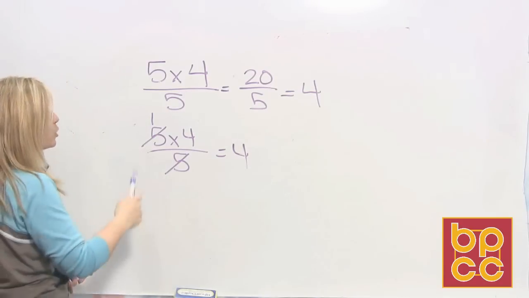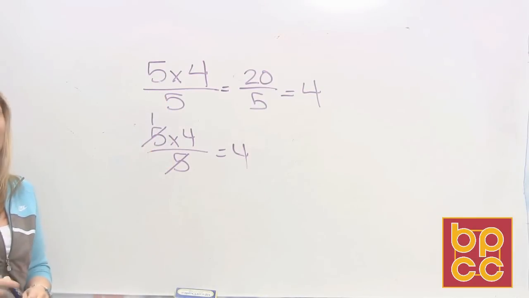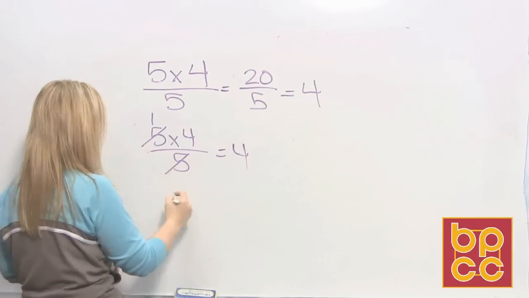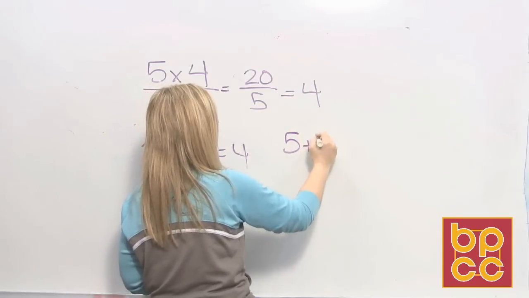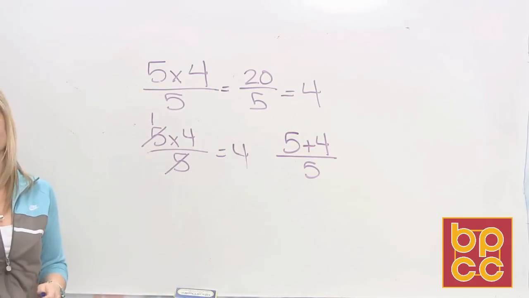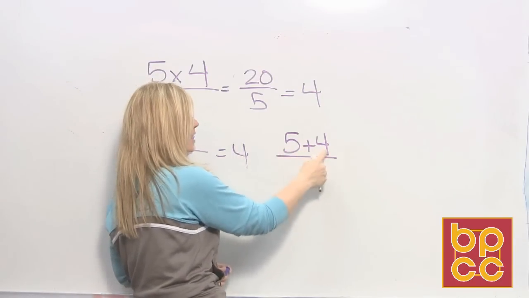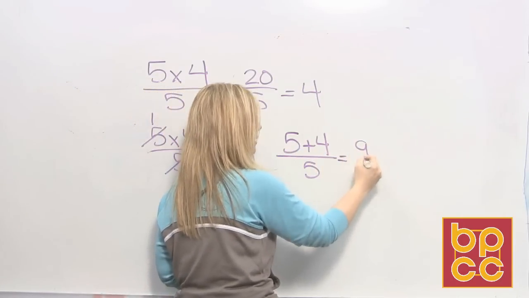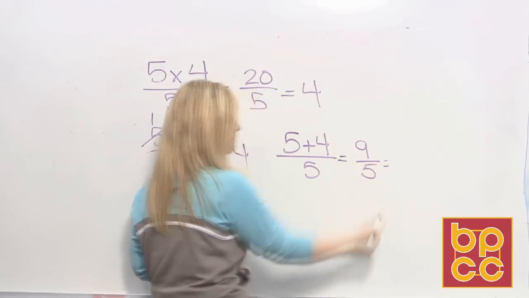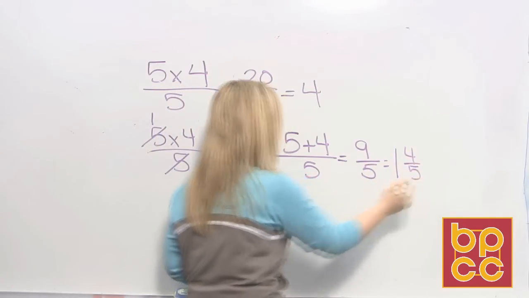But it's important that you understand you can only divide when you're connected by multiplication. If I wrote this expression, 5 plus 4 over 5, you couldn't divide first because this is not multiplication. You would have to add the 5 and the 4 and get 9, and then divide 9 by 5, and that would make the mixed number 1 4/5.